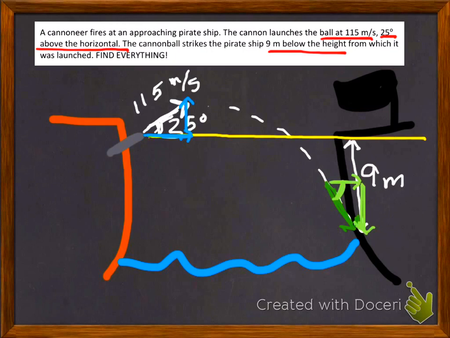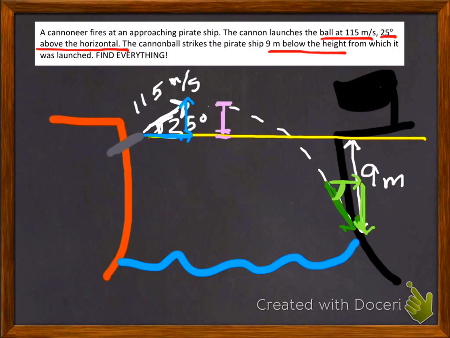We'll also be able to talk about the maximum height that the cannonball reaches. Keep in mind it will be above that horizontal line that it was launched from. We weren't given enough information in this problem to figure out how high off the water. So keep in mind it will just be from this yellow line to the height of the trajectory.